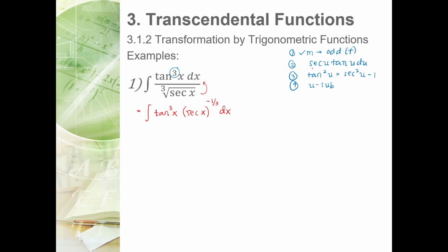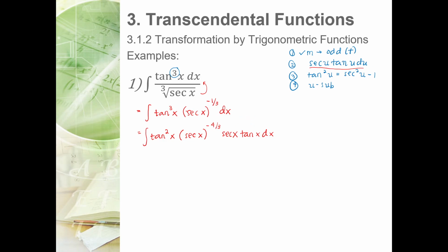Again, we need to factor sec u tan u du. Getting one tangent, that will be tangent squared x, then secant x. Getting 1 secant from negative 1/3, that will be negative 4/3. Then we have sec x tangent x dx.